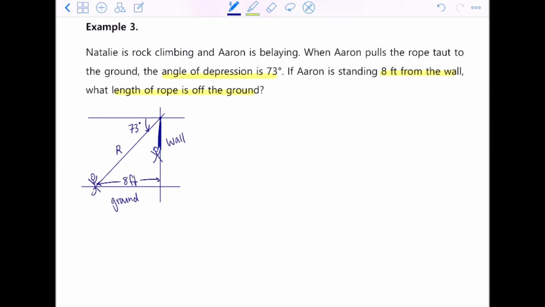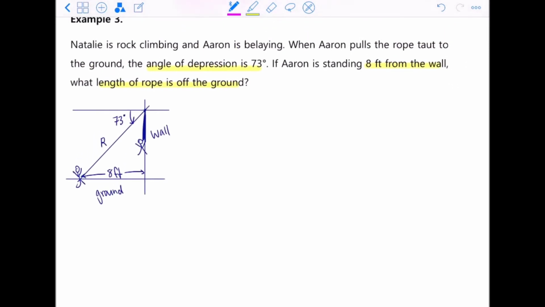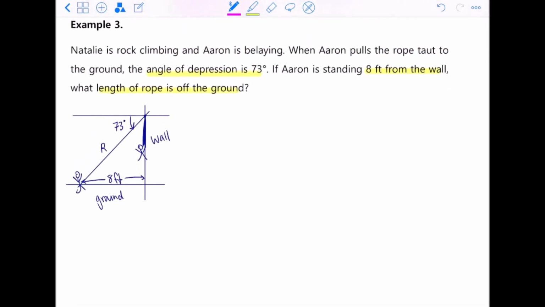There are two ways to think about this problem. The first method is to use the property of lines and angles. If we have the angle of depression, let's say our triangle is like this.